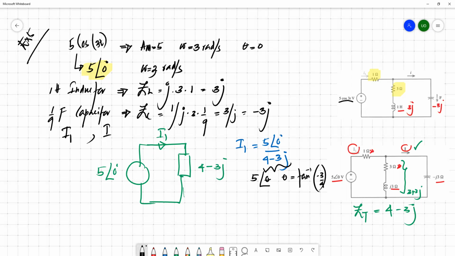So then I1 is actually 5 angle 0 divided by 5 angle theta. So this is just the magnitude is 1, angle is minus theta. So this theta equals tan inverse minus 3 over 4. So from this you can evaluate I1.